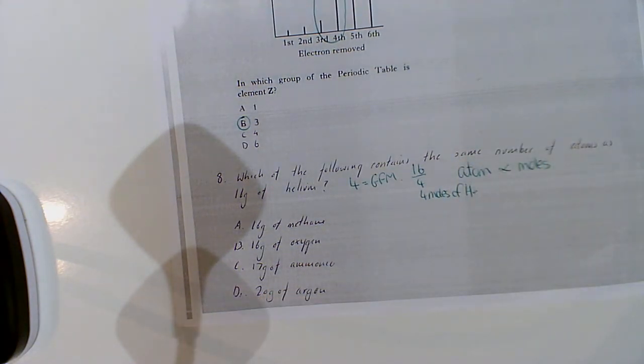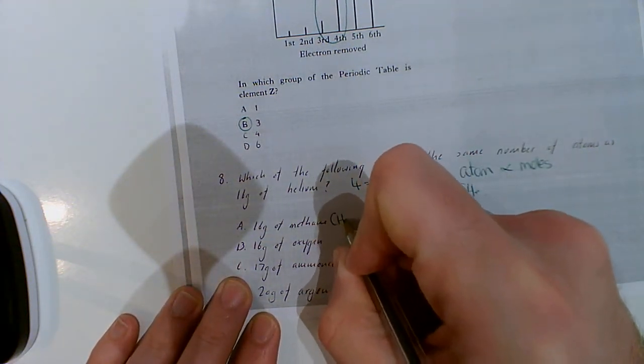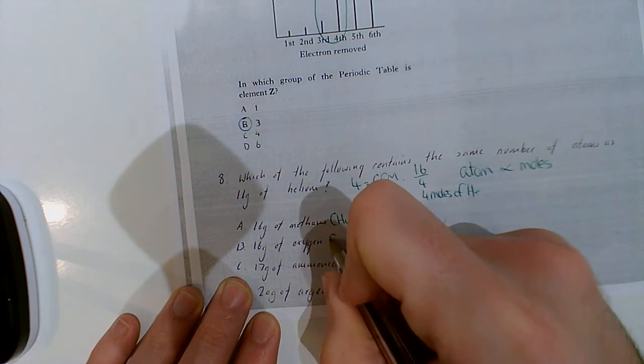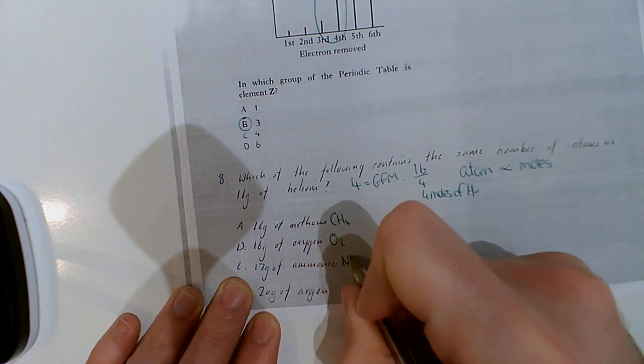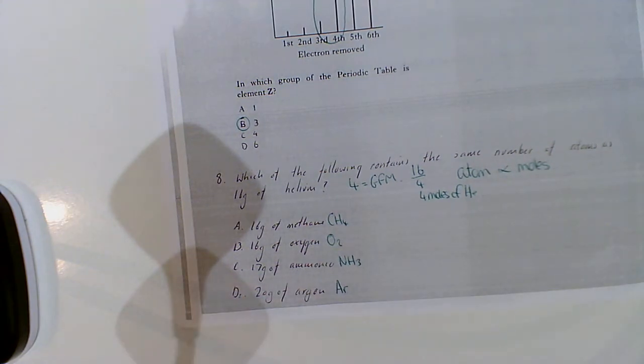Now for all these other ones, we're going to need to think about how many moles there are of each chemical, and then how many atoms there are in each chemical. So methane is CH4. Oxygen is O2, ammonia is NH3, and argon is just Ar. So we need to work out how many moles of the chemical, and then how many moles of atoms. So in this one, we've got 5 atoms.